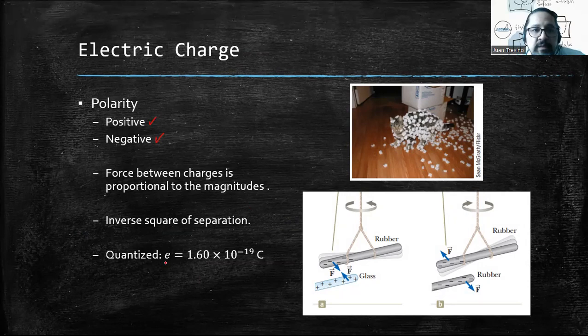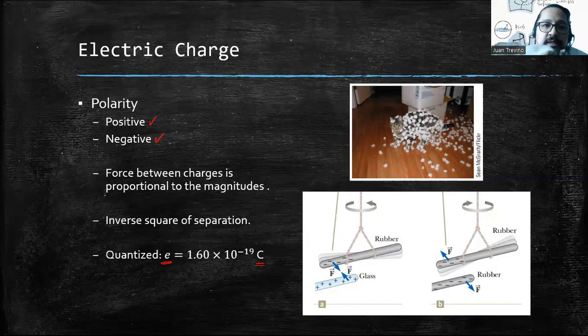We also find that charges are quantized, so the minimum possible charge available is 1.60 times 10 to the negative 19 coulombs. These are the units for electric charge. And we know that charges of different sign attract each other, and like charges will repel each other.